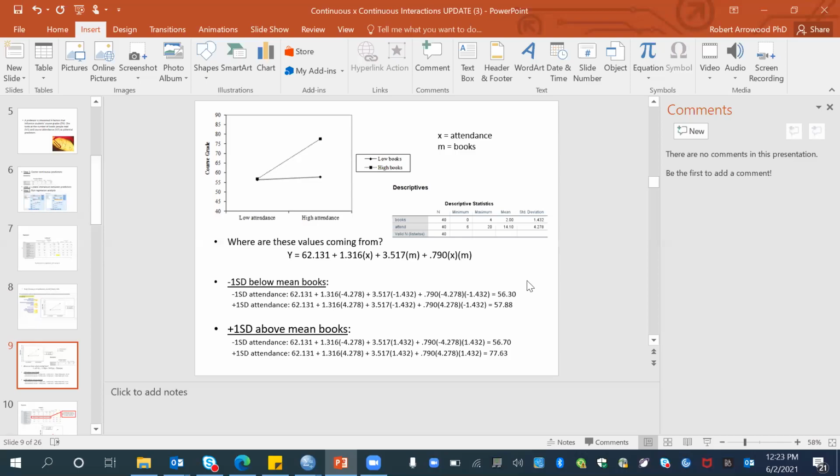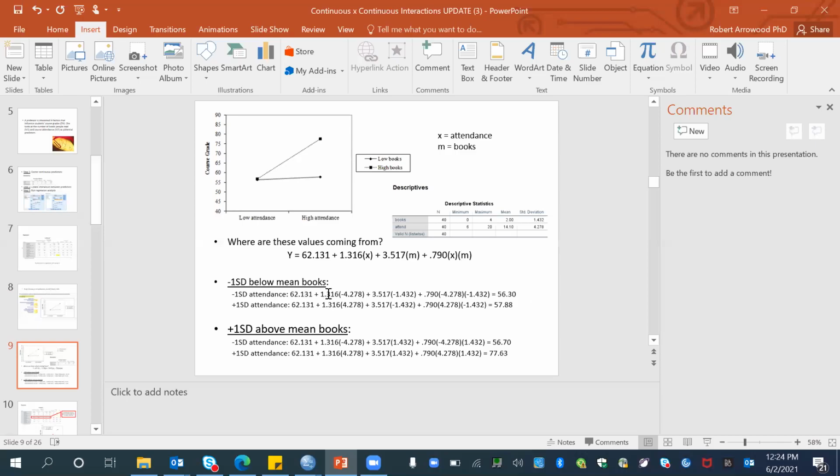So that's one thing you can do, and I've actually computed it out here. So it shows us what these values actually are, and this gets us the grade. So for instance, for someone who read a low amount of books and also had a low attendance, their average grade is a 56.3. And all I had to do was put that into that equation.